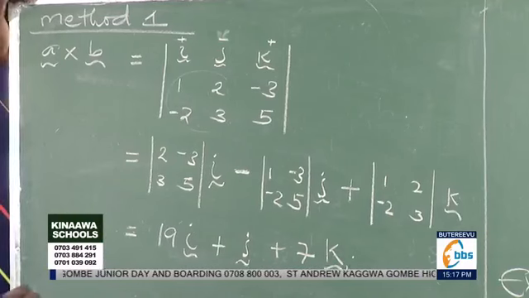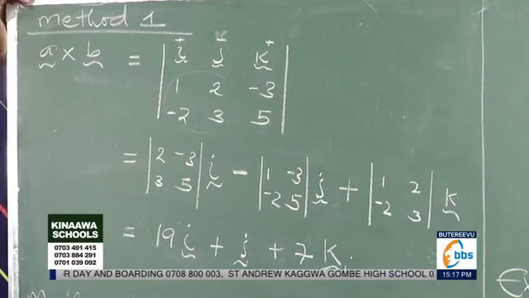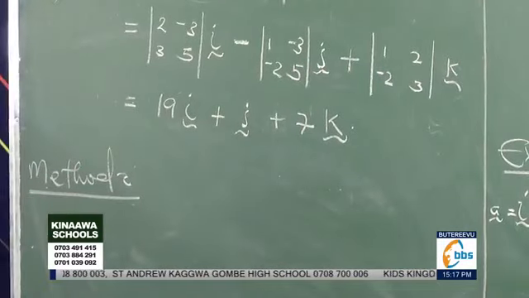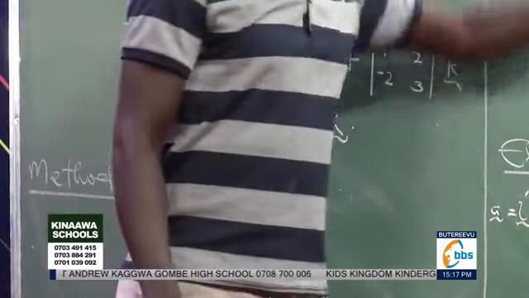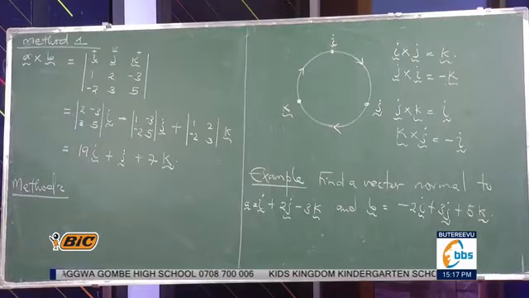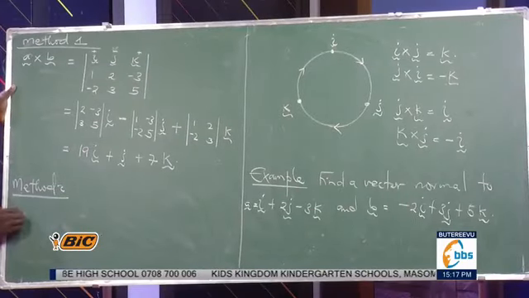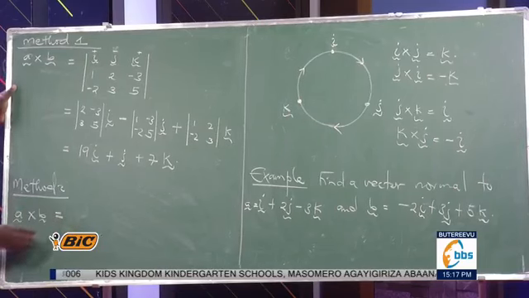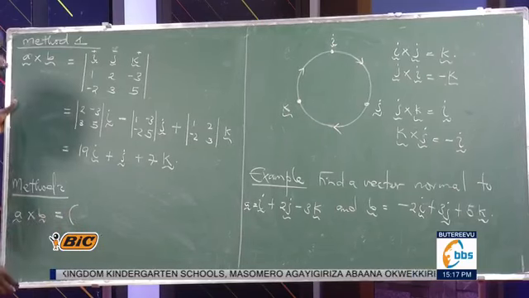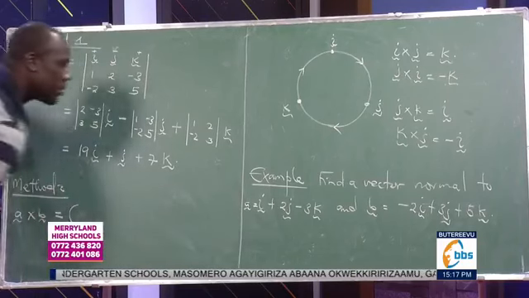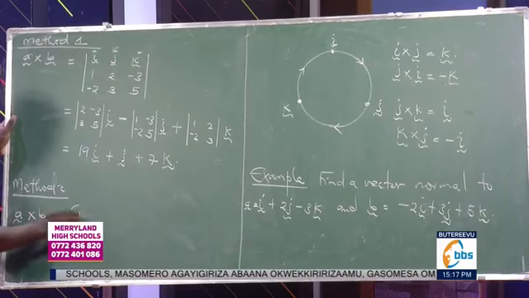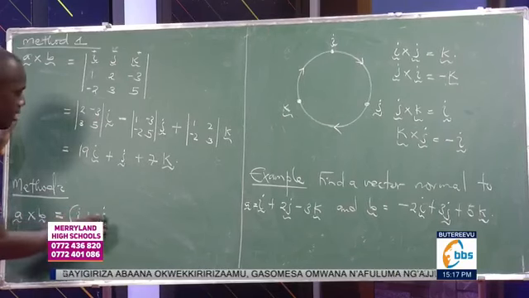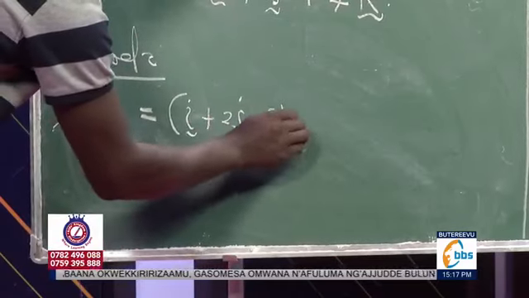The other method is you could choose to multiply directly using this guy here. So how would we do that? We would say A cross B. This is going to be equal to, we have -I plus 2J minus 3K.